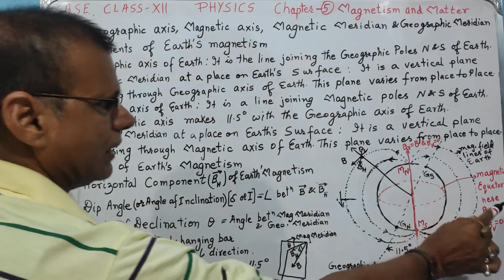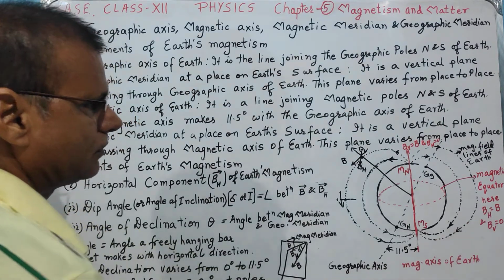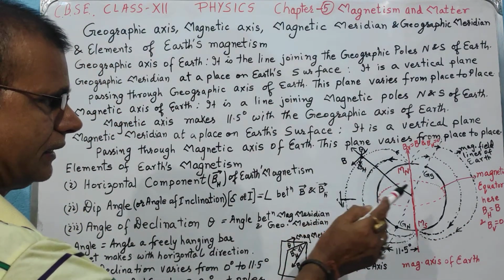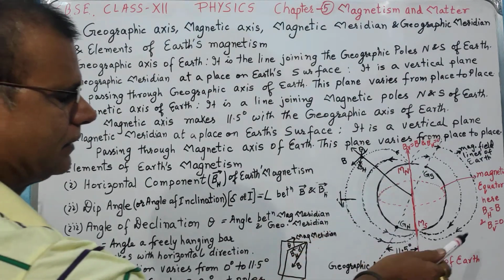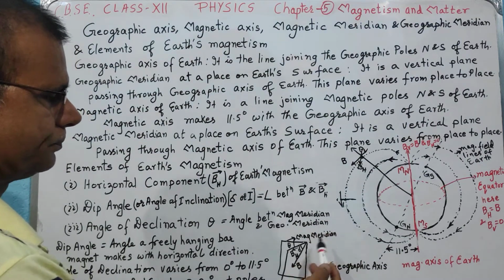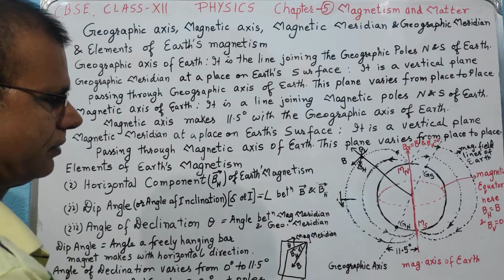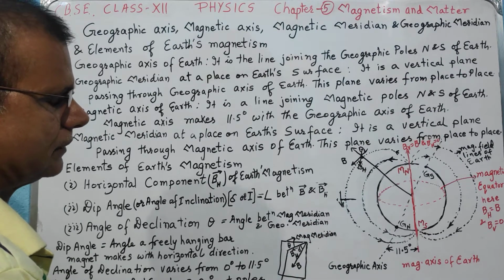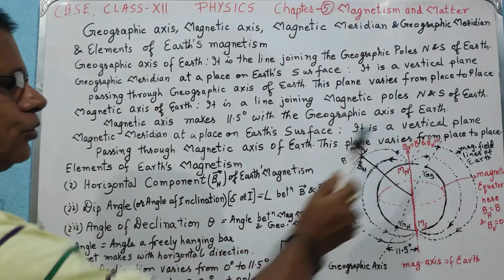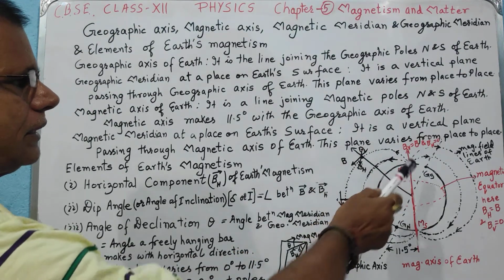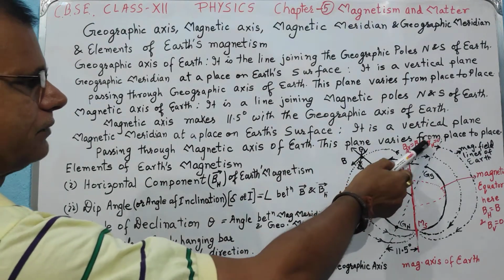At the equator, as I have written over here, the horizontal component is equal to the magnetic field at that point, and the vertical component will be 0, because the magnetic field is itself along the horizontal direction at the equatorial point of Earth. And when we go to the pole, the direction of the magnetic field is vertical, so therefore the horizontal component will be 0.